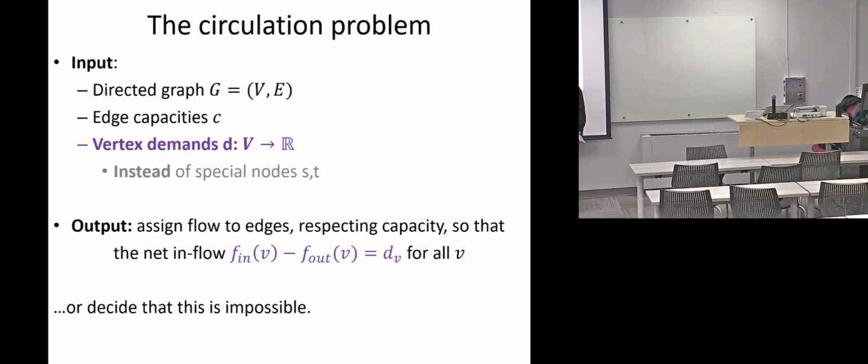And what we want to find is this. We want to find a flow, assign flow to edges, still respecting the capacity, but the net flow on every node V satisfies the demand.